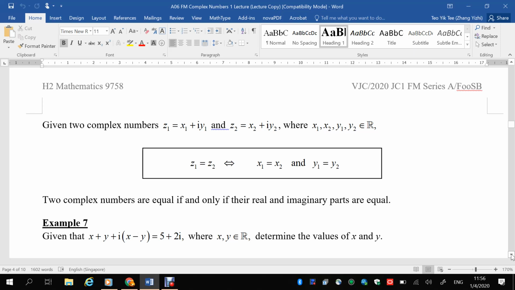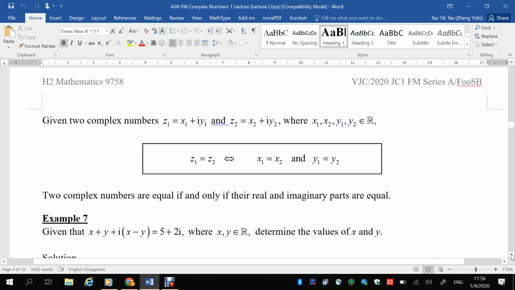Technically is compare real with the real. Compare imaginary part with the imaginary. So where's the real? x plus y. So x plus y must be 5. x minus y must be 2. So technically you actually generate simultaneous equations. From there you solve for your x and y. Make sense? Always remember, x and y are already real numbers. Okay, x and y are real numbers.